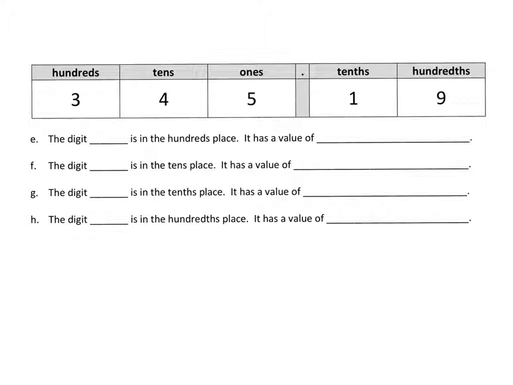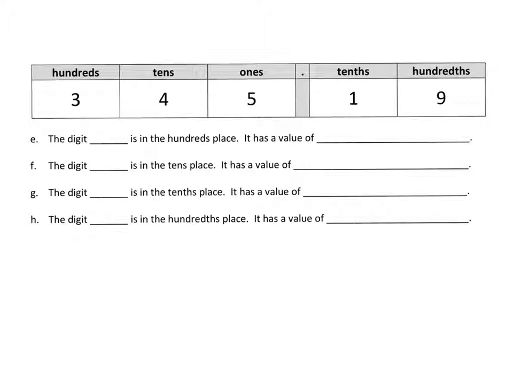All right, now we have a place value chart with the hundreds, the tens, the ones, the tenths, and the hundredths. So now they want us to look at the digit in the hundreds place and what's the value of it. Well, in the hundreds place, there's a 3.